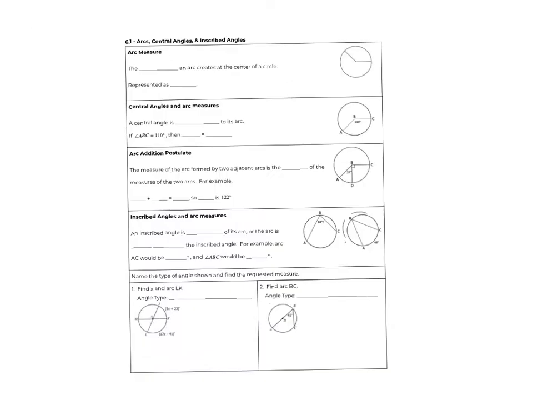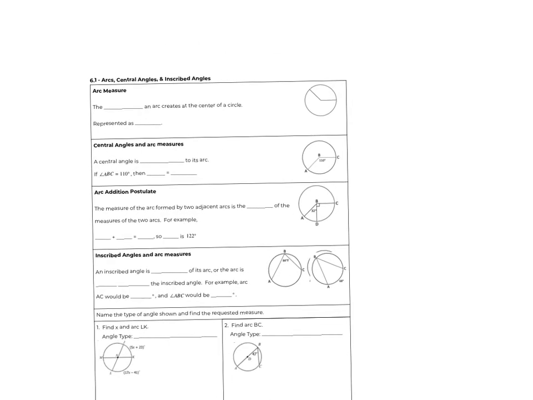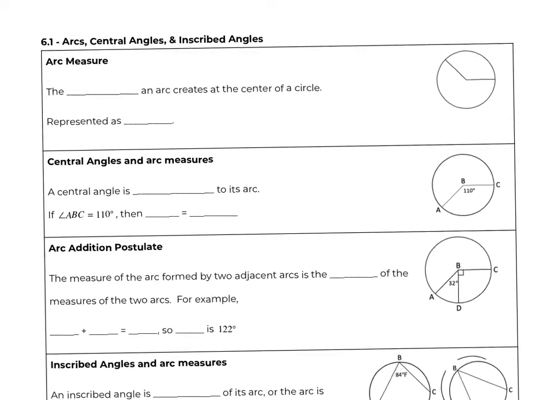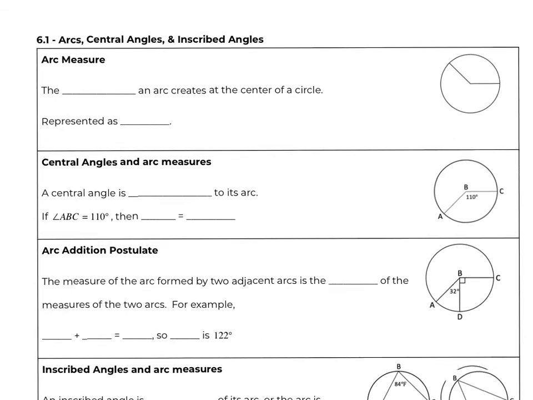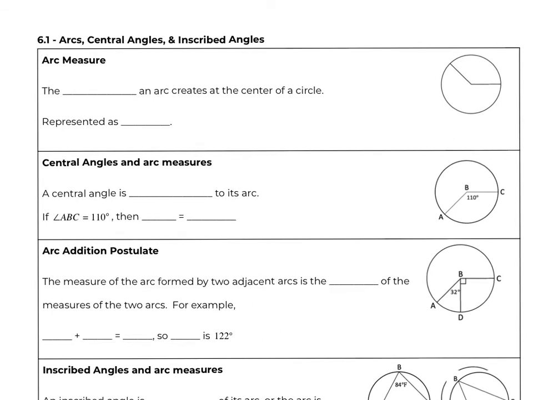So flip the page. All right, here is the actual math solving. I told you first day's long, you know this. All right, so arc measures. We are going to base this on central angles and inscribed angles.